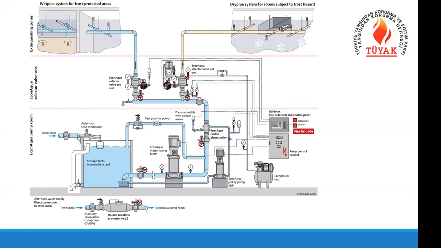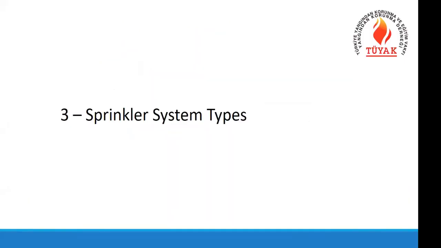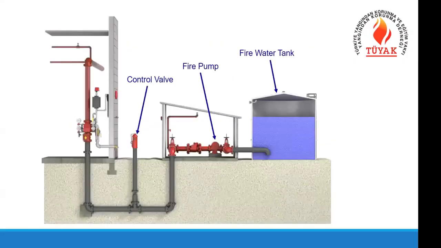From now on, after this section, we will see some different kinds of systems and how they work in an actual fire. We have different sprinkler system types, as you see on the schematic: dry systems and wet systems.